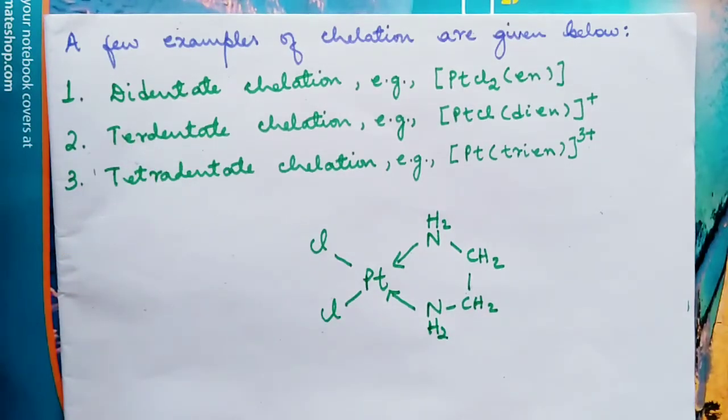Now we come to terdentate chelation. Terdentate means tridentate, three donor atoms.